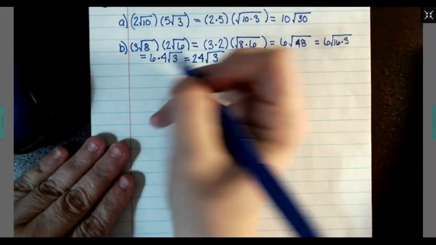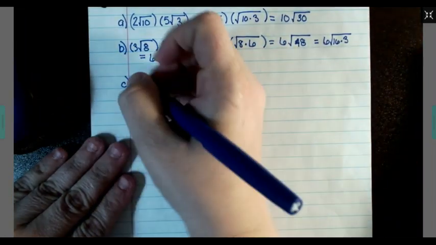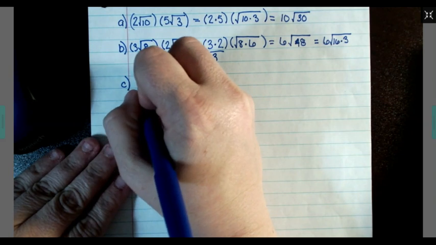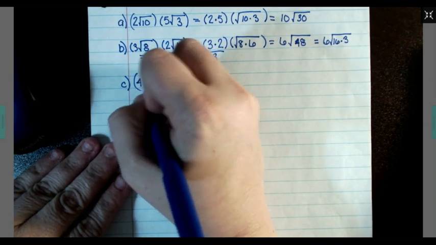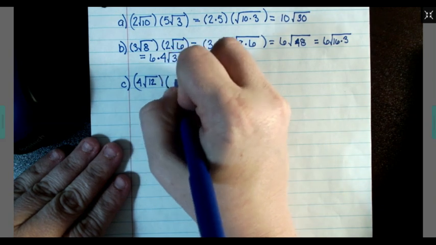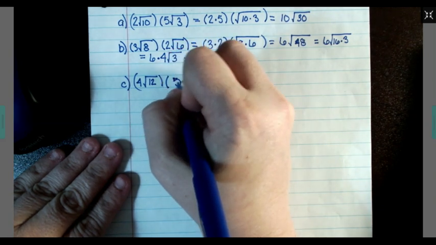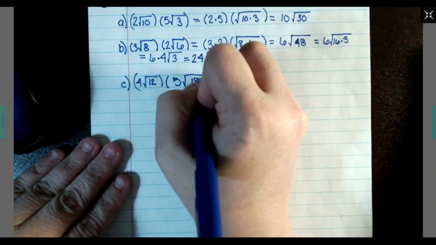All right, let's take a look at C. C says 4 square root of 12 times 5 square root of 18.